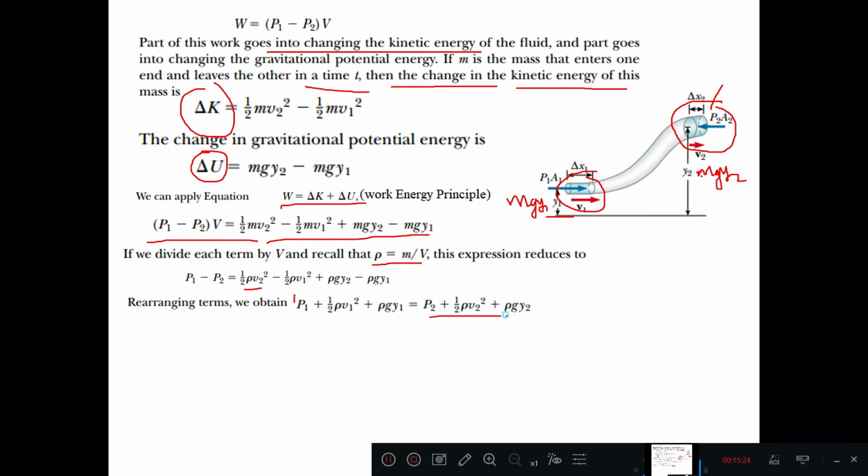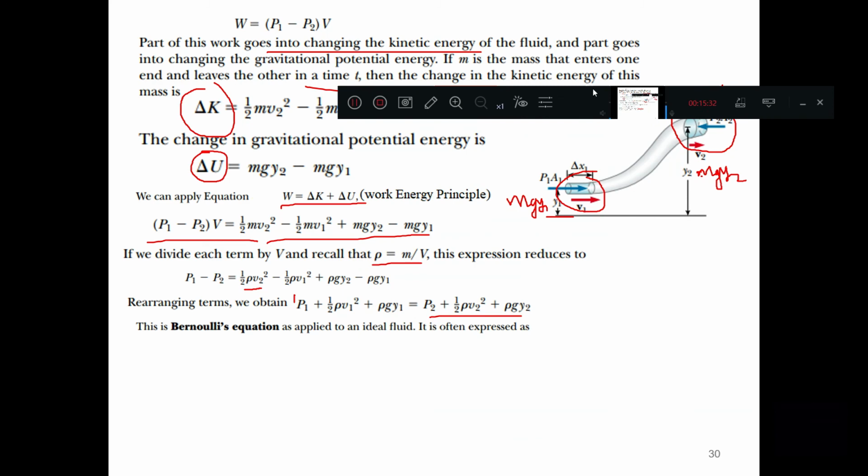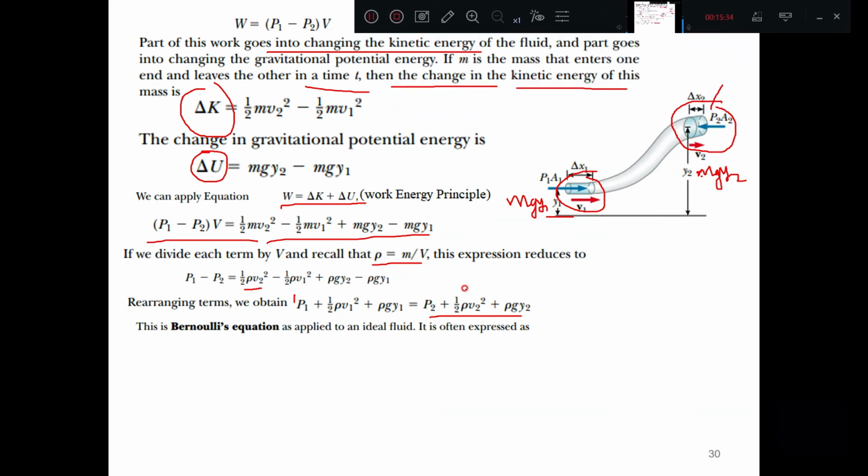This is what we call Bernoulli's equation as applied to an ideal fluid, and it is expressed as P plus half rho V square plus rho g y is equal to constant.